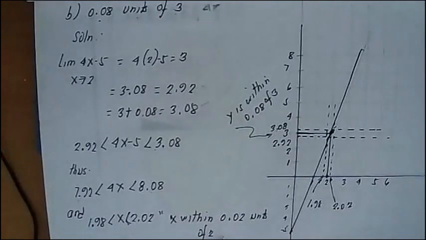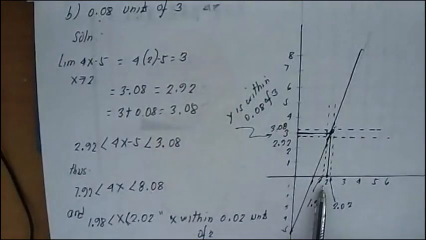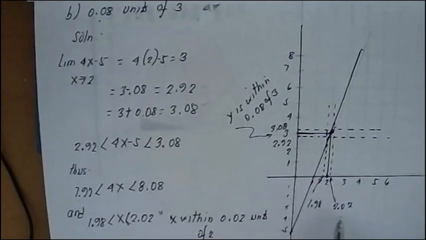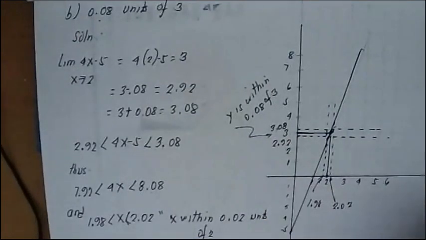So this is our answer. Dahil 2 minus 0.02 is 1.98, and 2 plus 0.02 is 2.02. So yung value ng x natin is 1.98 if our limit is 2.92, and 2.02 if our limit is 3.08.